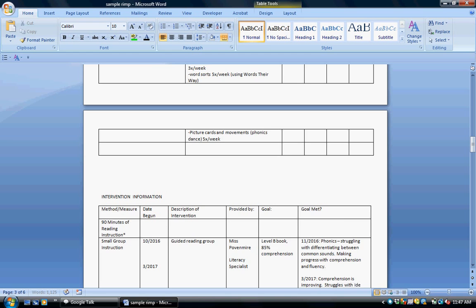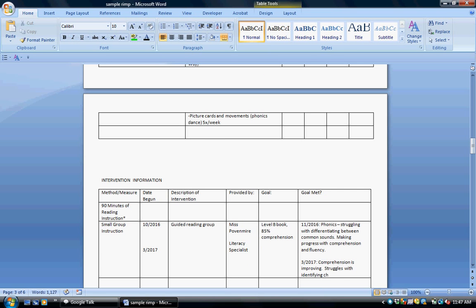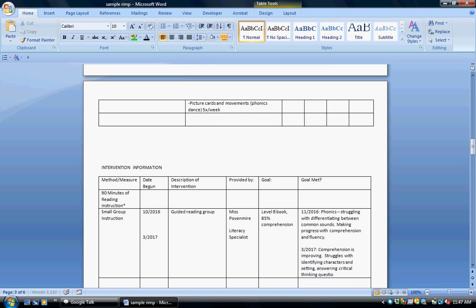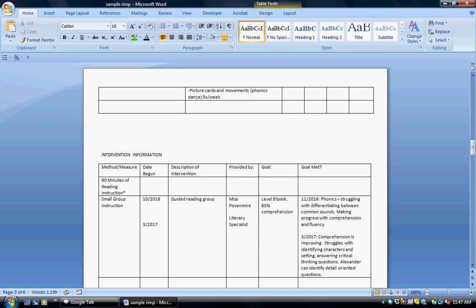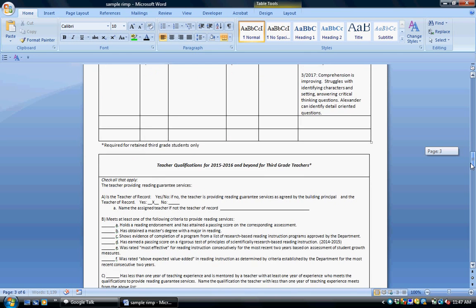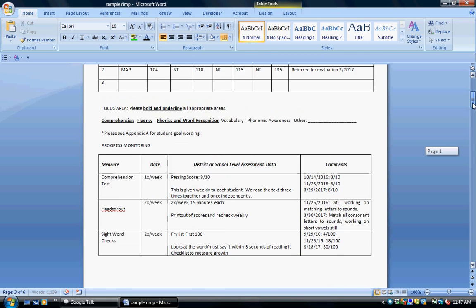Struggles with identifying characters and setting. Answering critical thinking questions. Alexander can identify detail-oriented questions. Okay. There we go. Still leaving that there.